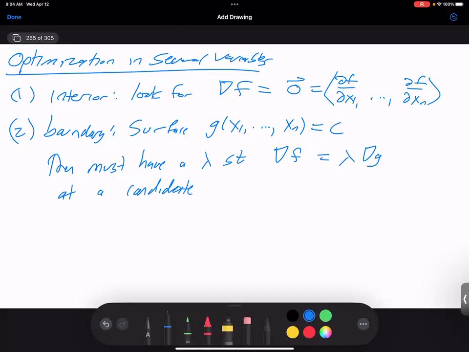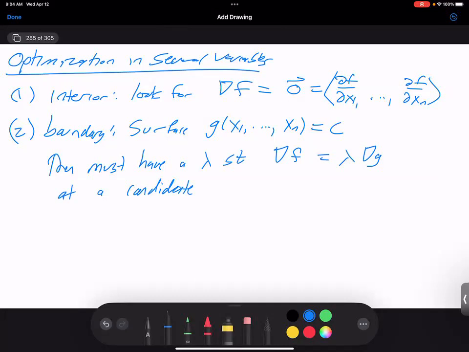So again, these are only to find candidate points. These are not guaranteed to be places where we're going to have a maximum or minimum. The hope is that there won't be that many things to check. And if there aren't that many things to check, then we should be in good shape.